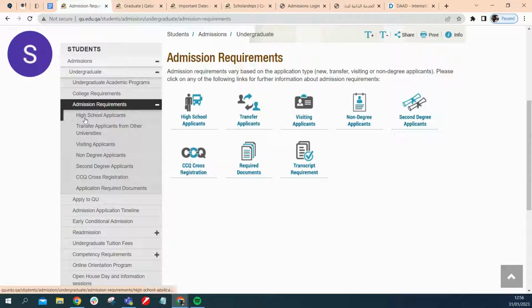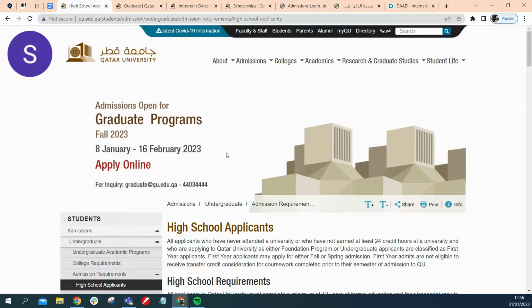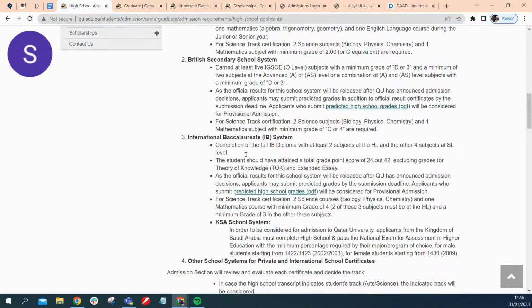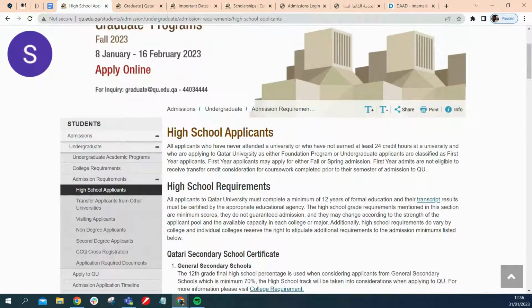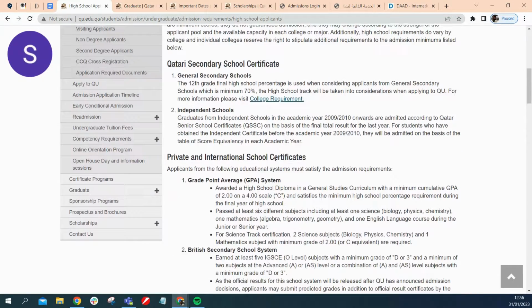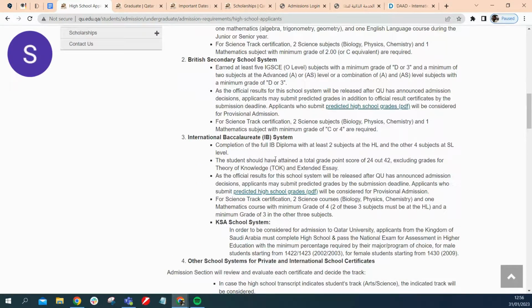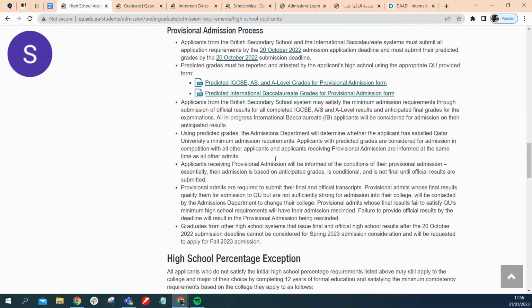So admission requirements, if you're a high school applicant, if you're going to be a transfer applicant, visiting applicant. So I select a high school applicant. I'm just starting afresh. So for a high school applicant, please pay attention that you read through this very well to be able to get all the requirements.